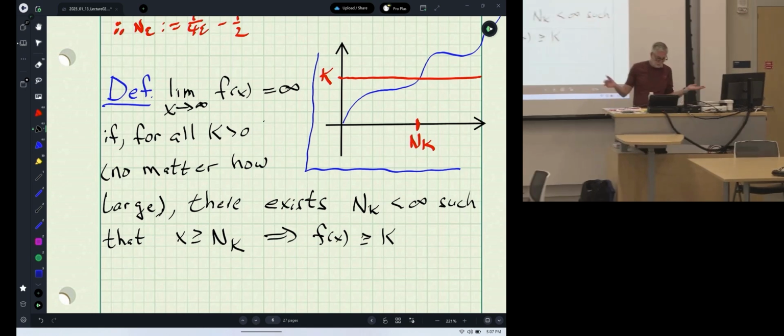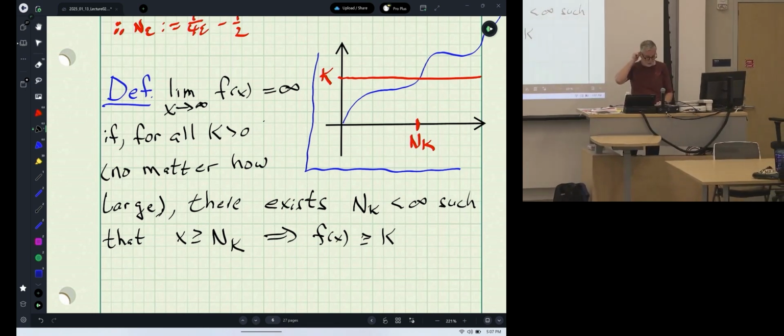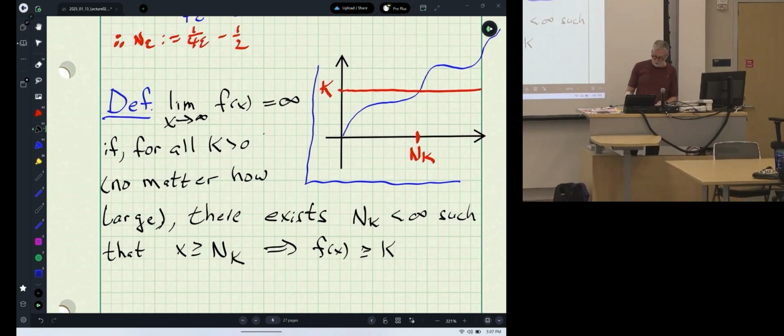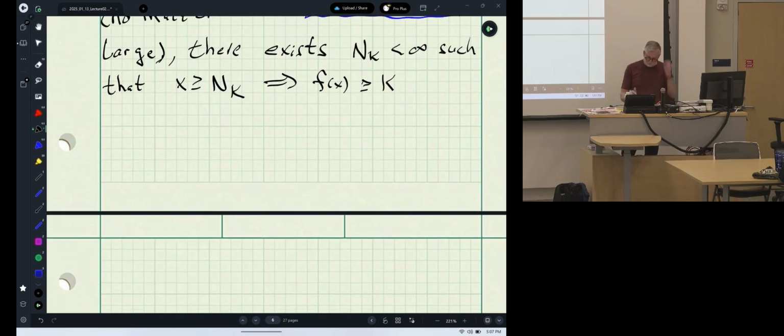Okay, so we could go through and do similar calculations as the ones we just did for finite limits, but we're not going to do that. Instead, for our examples, what we're going to study are things that work and things that don't work.